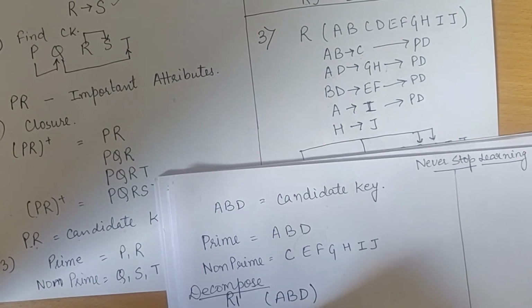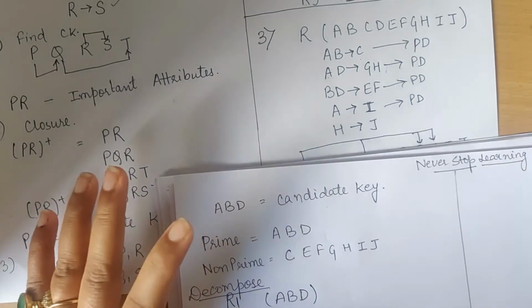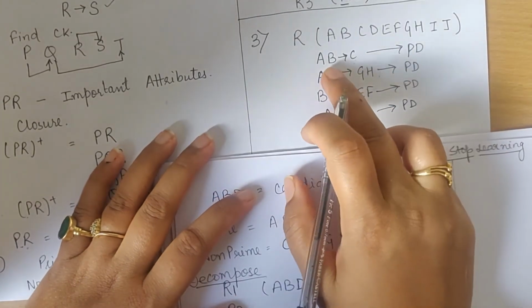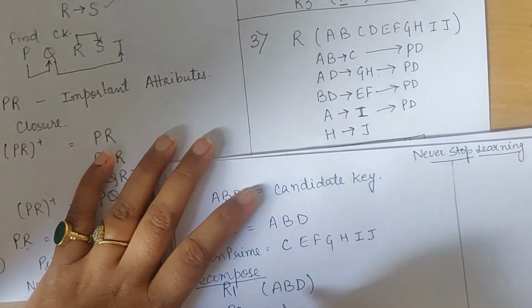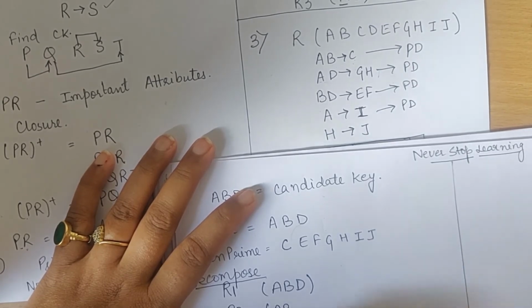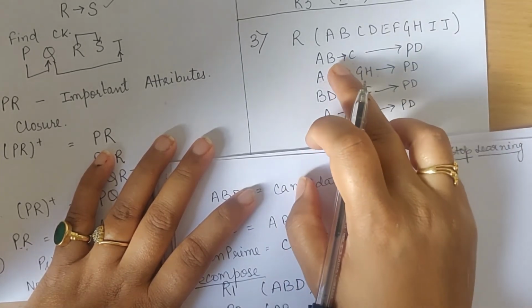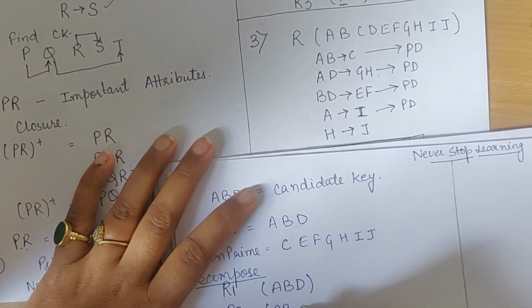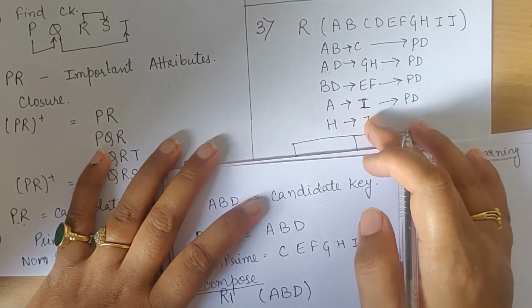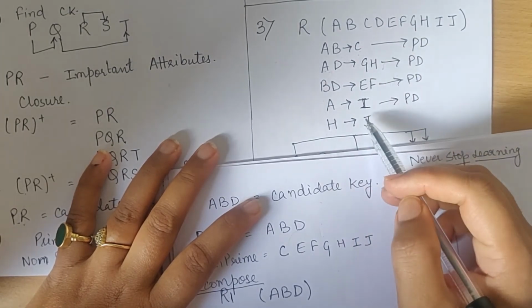Now for those creating problems, let's create a table one by one. The first problem is created by AB. So I am creating a table for AB and I will make AB the key. AB determines C, so C will come here. Does AB determine anything else? No. Does C determine anything else?